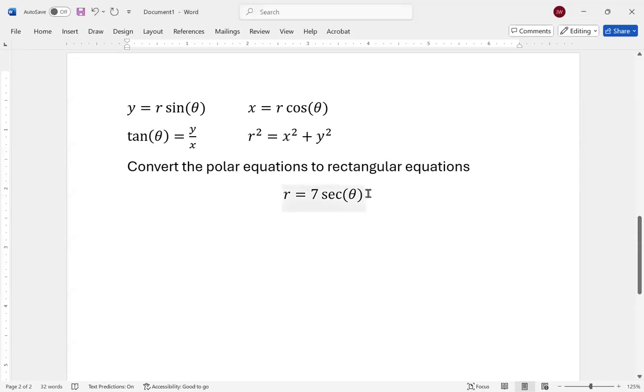So instead of that, since y involves sine and x involves cosine, if I have another trig function like secant, oftentimes I'll write secant in terms of sines and cosines. In this case, I can write secant as 1 over the cosine of theta.